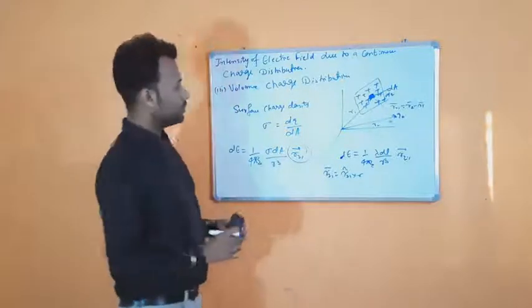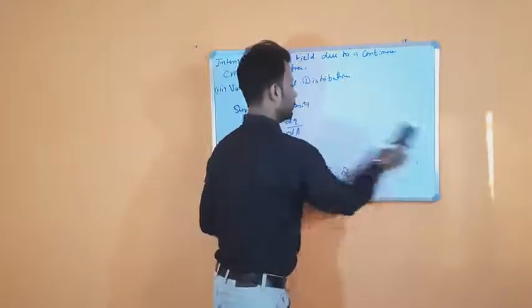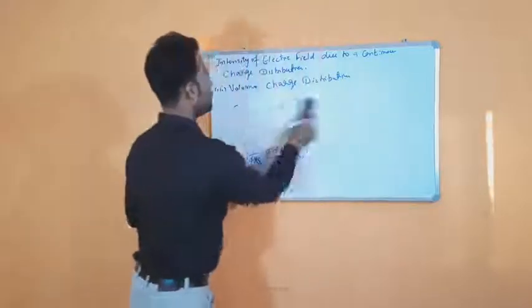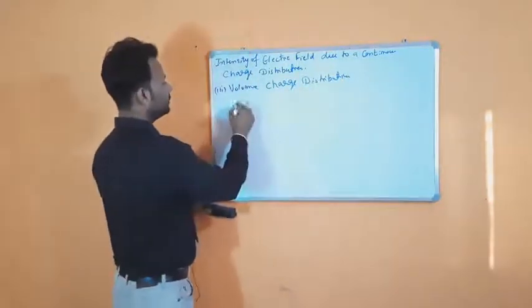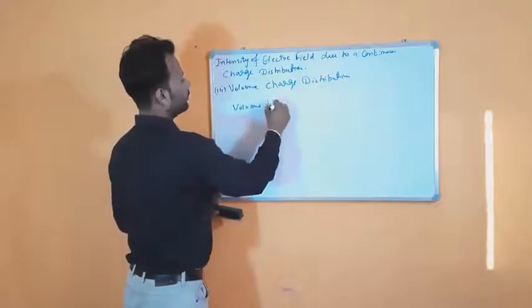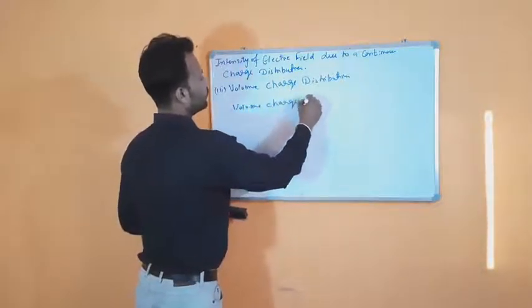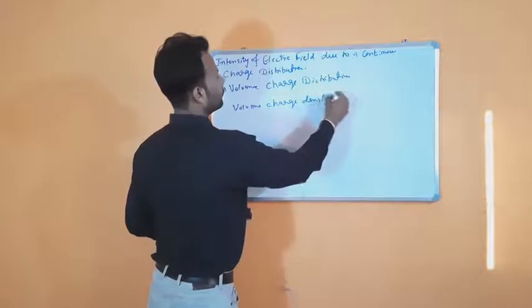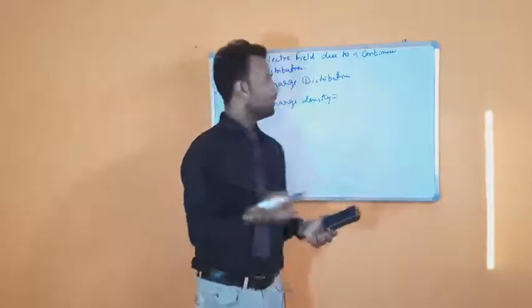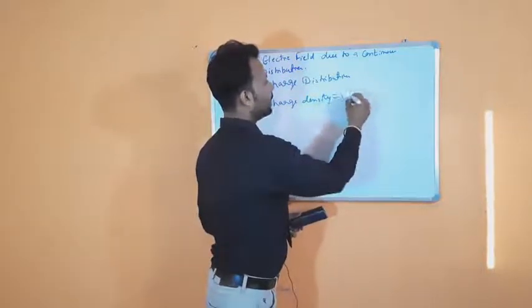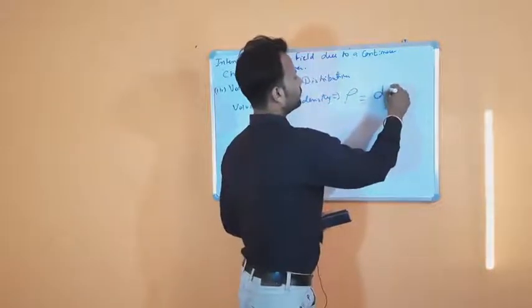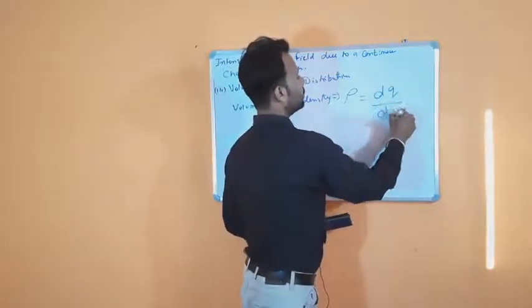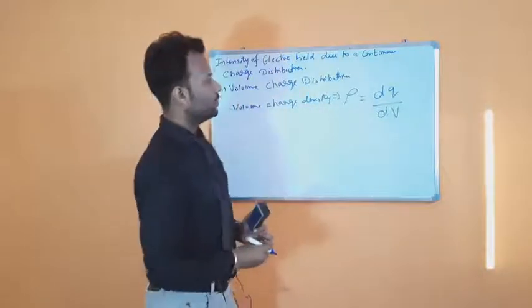In that case, we will have volume charge density, represented by the letter rho, which is charge per unit volume, dq upon dV.